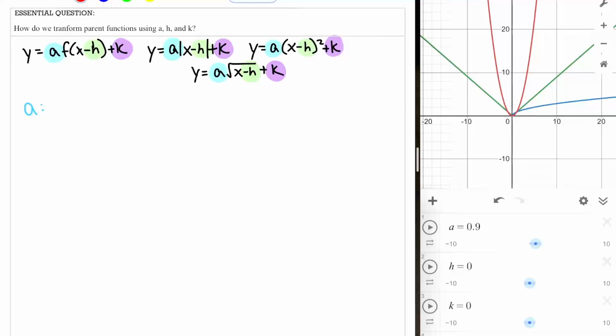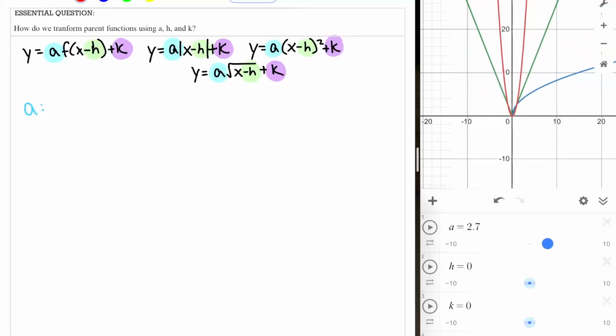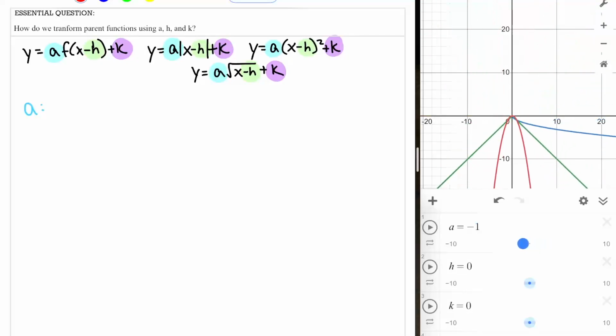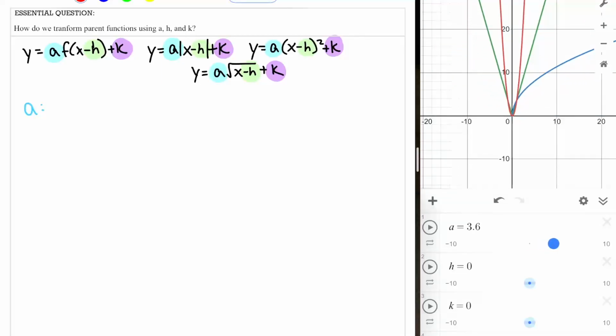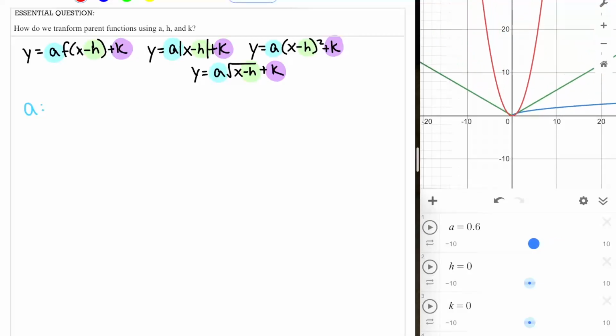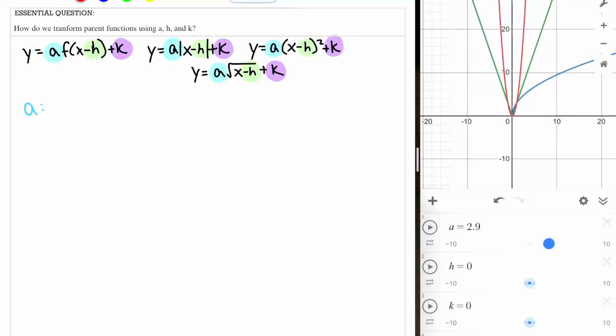If we look at our graphs over on the right, and we adjust this slider, a starts at 1. When it's positive and it gets bigger than 1, the graph is getting taller. All of those points on the graph are stretching up.